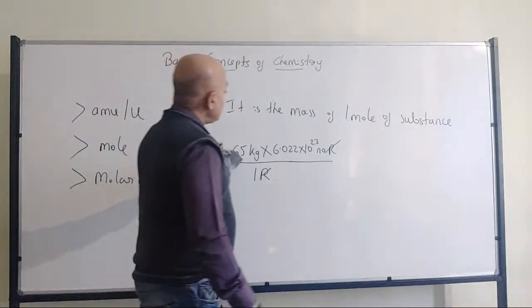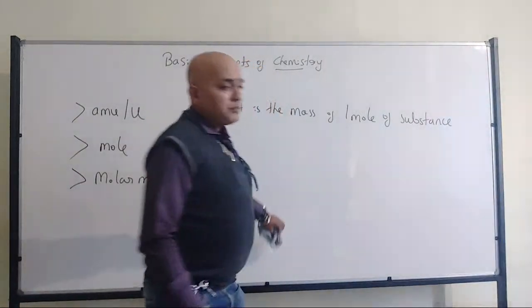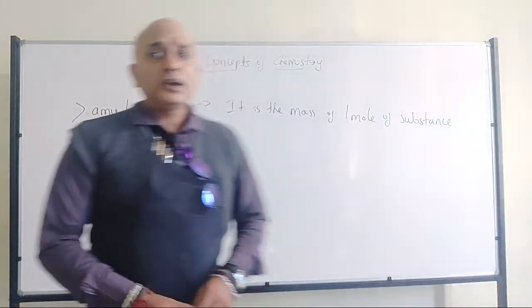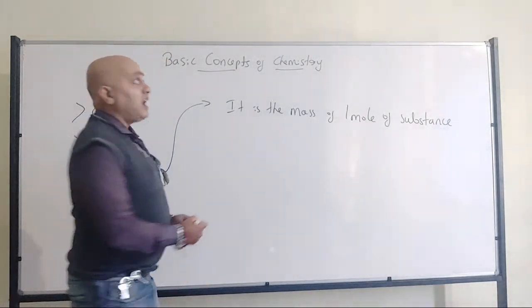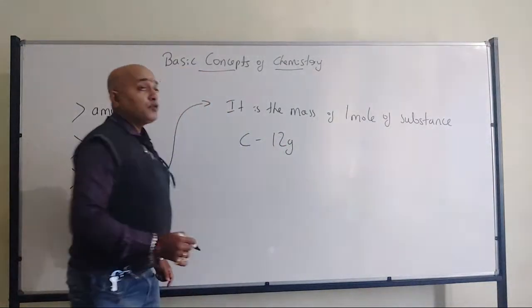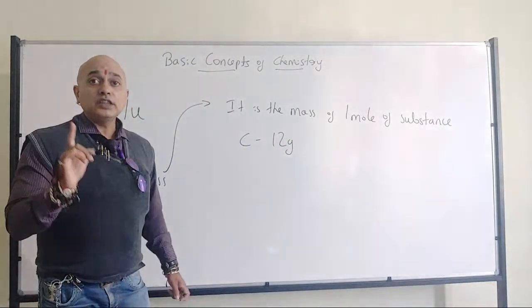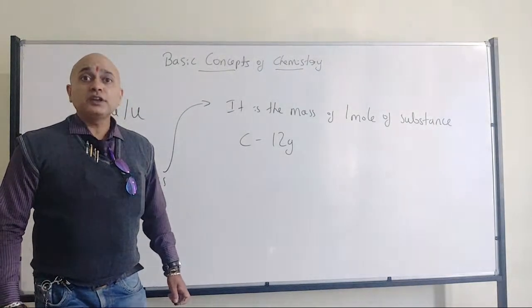That's why, please remember, whenever they are telling carbon 12 gram, atomic mass or mass of the carbon atom is 12 gram, that means they are talking about 1 mole of carbon, not 1 carbon. Please remember, that's where you should appreciate this.